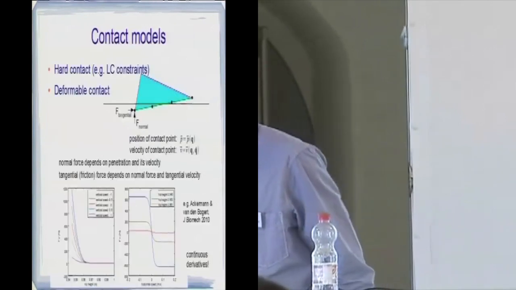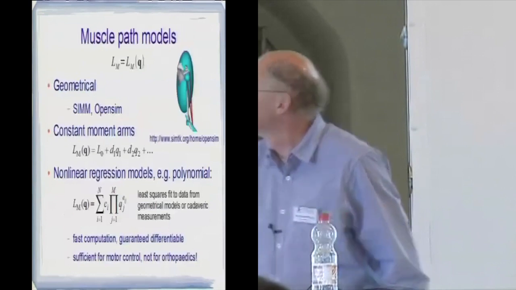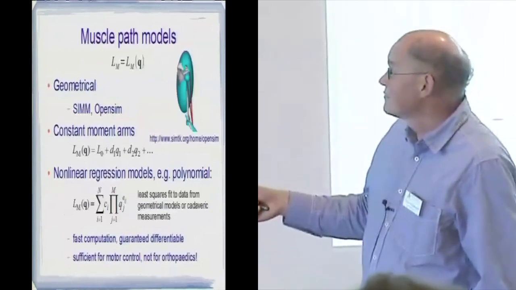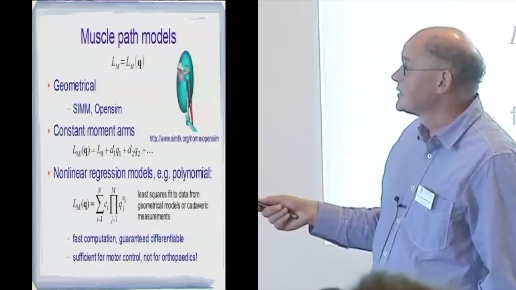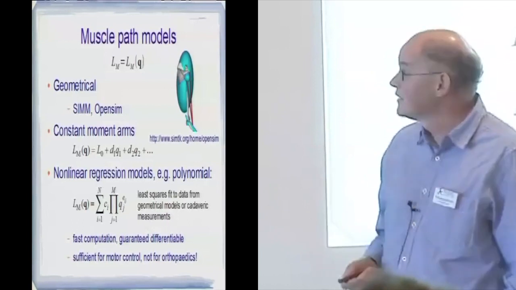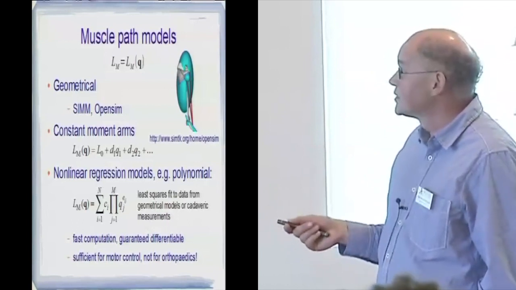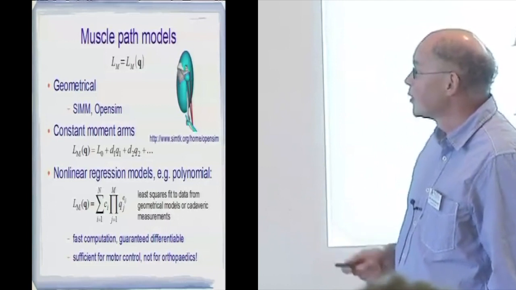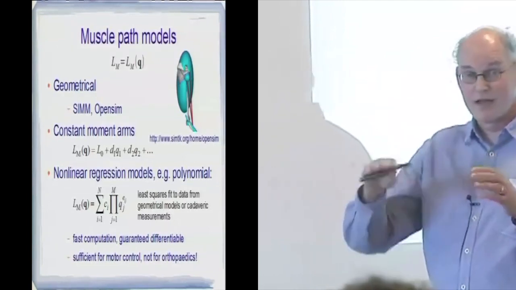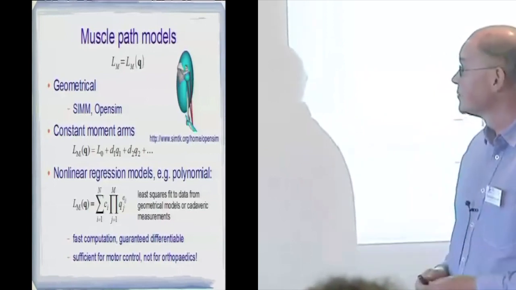So you need some sort of model to derive this relationship. And mostly that's done with geometrical models, and I tend to use software that's been developed for that purpose, such as SIMM and OpenSim, and this is a picture from OpenSim. You can attach a muscle to the skeleton, and you can have it wrap around geometrical objects.